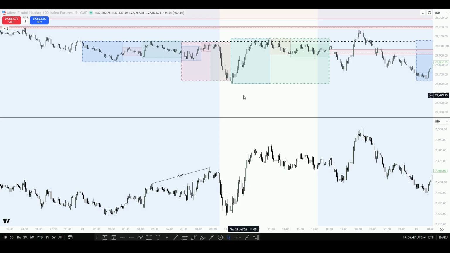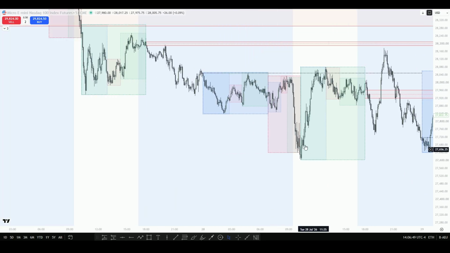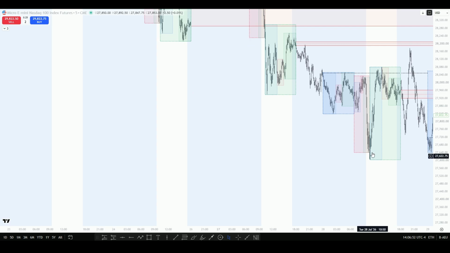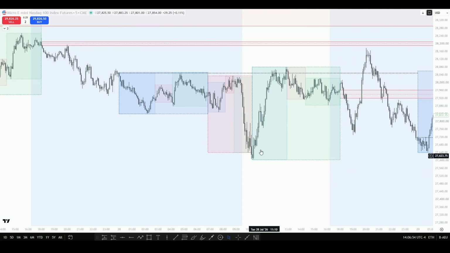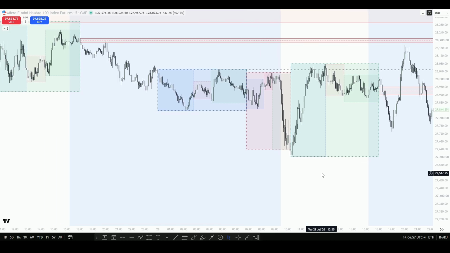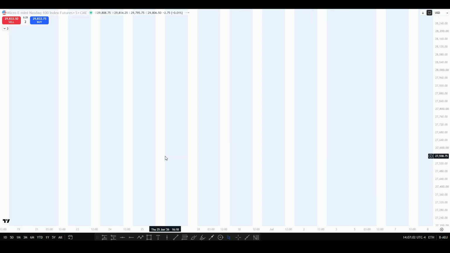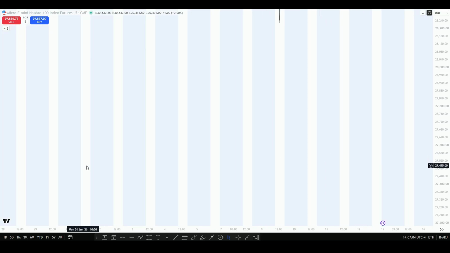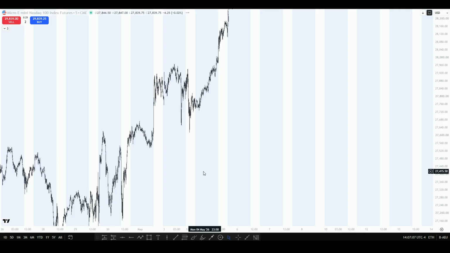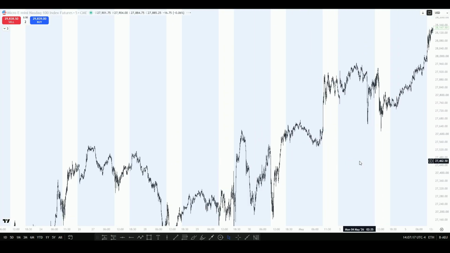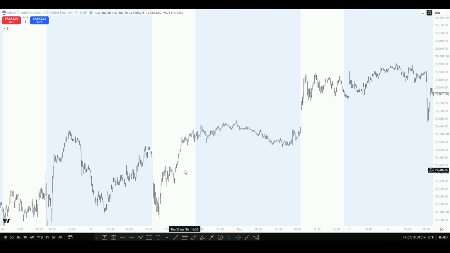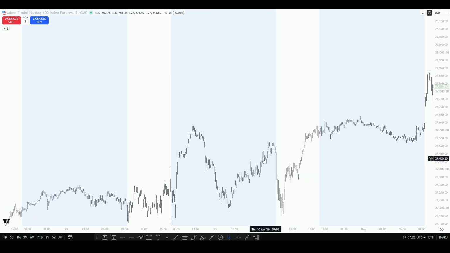There was an SMT here, but in order to see how this formed within a new day opening gap, you have to go way back into price action, and I'm not sure we can go so far back here, all the way back to April, May, in order to see it.